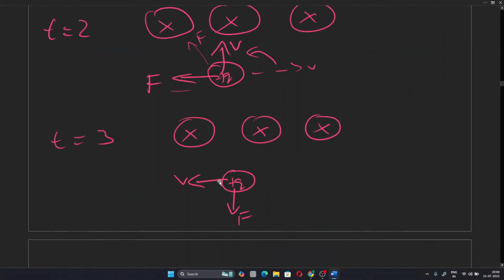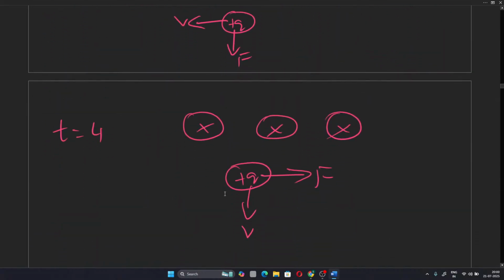I have only considered 4 positions here, but for every small change in direction of velocity due to the force, there will always be a change in force.